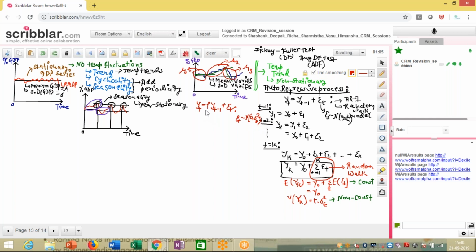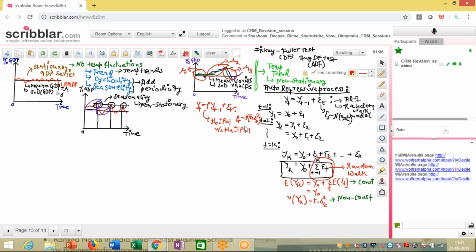So over here, if I need to test whether a time series is stationary or not, what I need to test is H0: rho equals 1 versus the alternate hypothesis, rho not equal to 1.